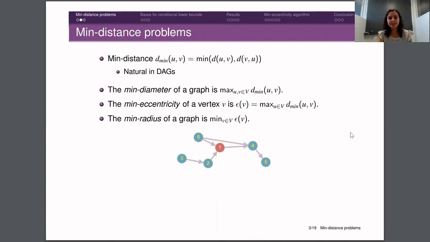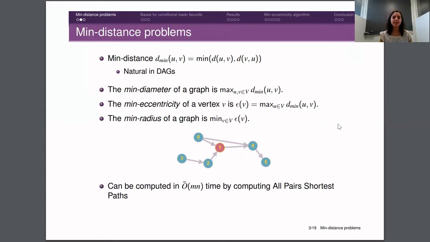And the min radius, which is just the smallest min eccentricity. So in this example graph here, the min radius is going to be 2, and that's because this red vertex has a min eccentricity of 2. You can get from the red vertex to any other vertex in the graph within min distance 2.